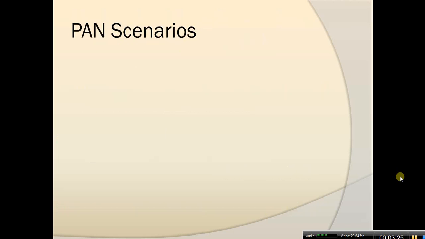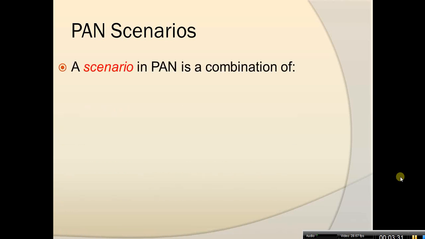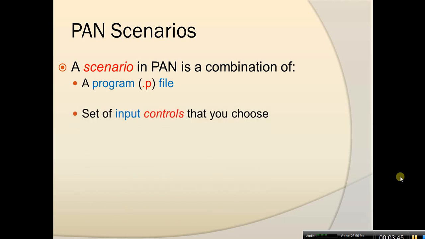It's a separate application. So when we look at this, we're gonna have multiple scenarios, and so we need to understand what a PAN scenario is. A PAN scenario is a combination of a program file, .p, which, as I mentioned, is produced when you run or check your model file, .doe, and also a set of input controls that you select.